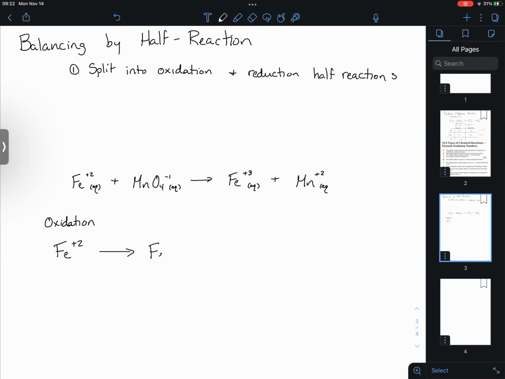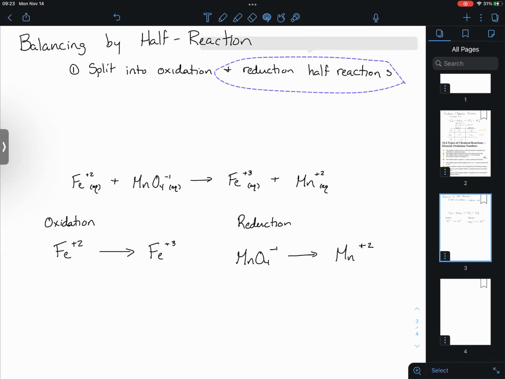Then my reduction half reaction is the permanganate ion going to the manganese 2 ion. All right, so I split into oxidation and reduction half reactions. What we're going to do is balance these half reactions first and then combine everything back together at the end.